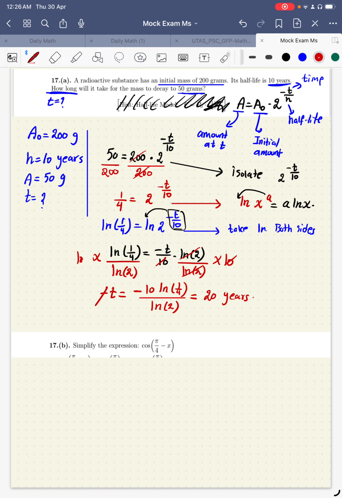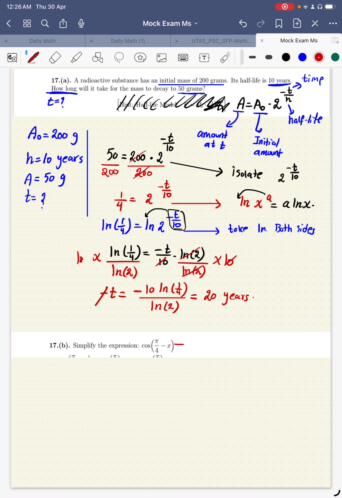Simplify the expression cosine of pi over 4 minus x. So to simplify this one, as you can see, I have here two angles inside one cosine.